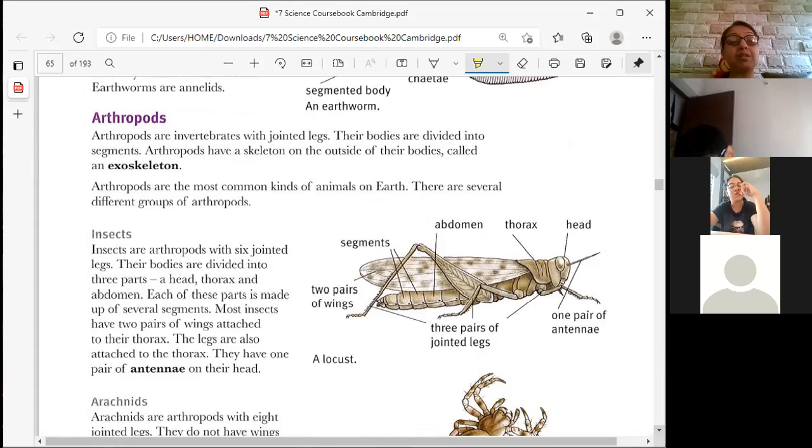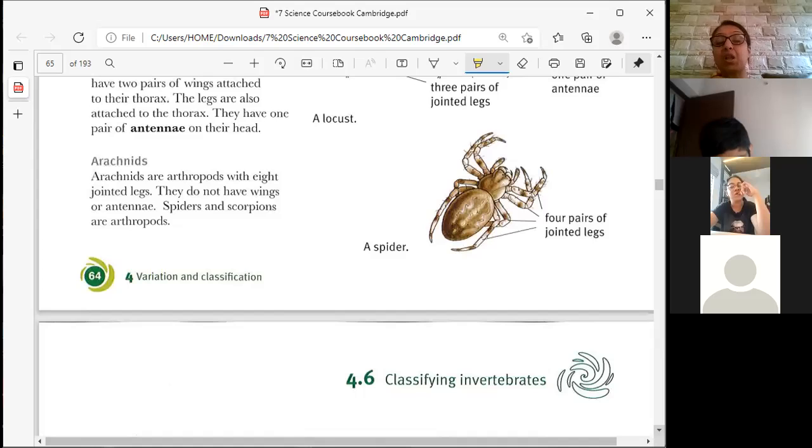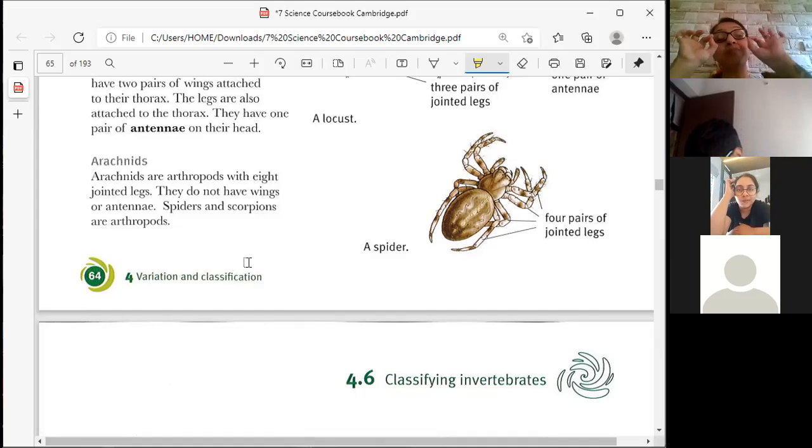Now we are learning about the arachnids. Arachnids are again arthropods, but now you can see here they have 8 joint legs. That means 4 pairs of joint legs. This is how we can say that insects and arachnids differ from each other. What is one difference between the arachnids and the insects?